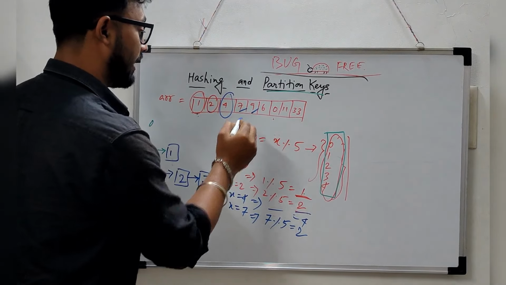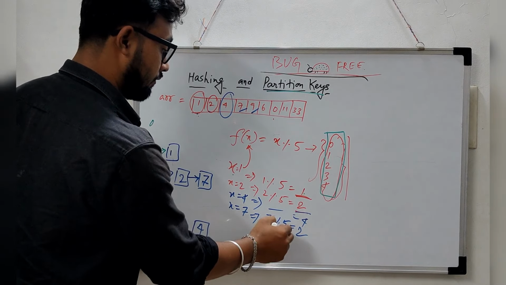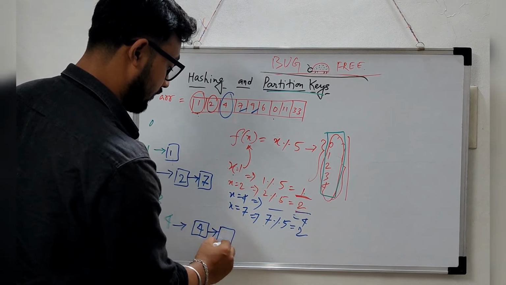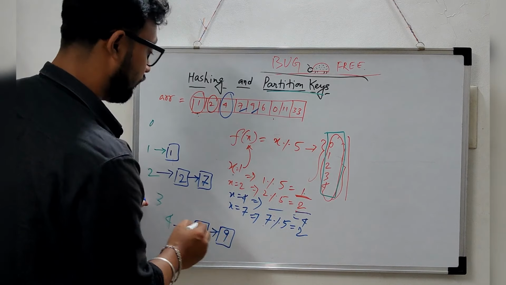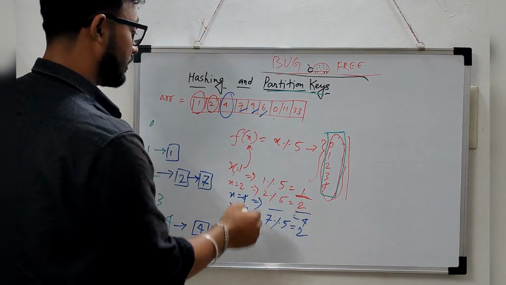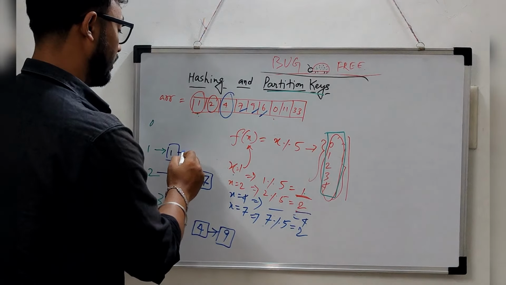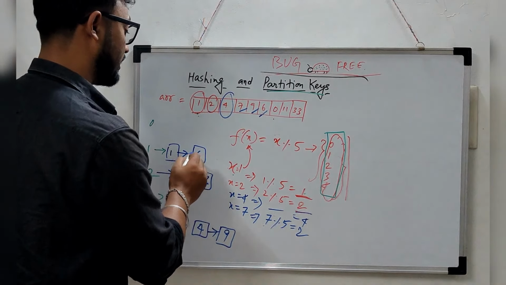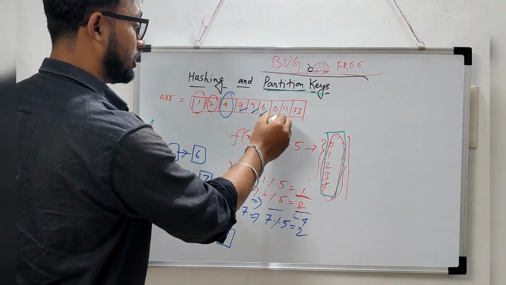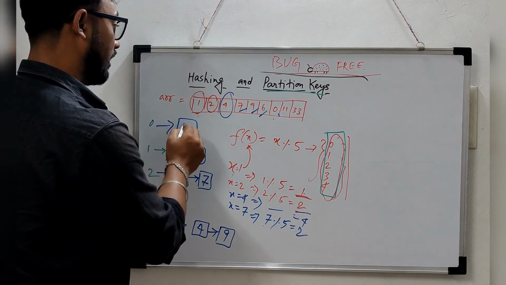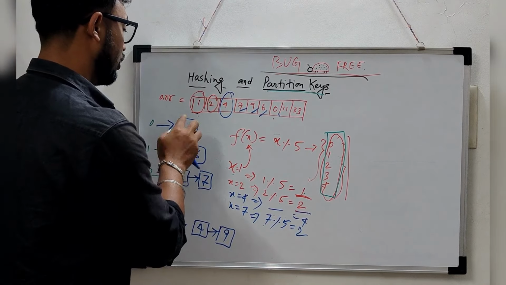Now when we go for number 9, again 9 when divided by 5 gives a remainder of 4. So it will come for the key of 4. Go for number 6. When divided by 5, it will give a remainder of 1. So we will go for number 6. Again, when we go for 0, number 5, so 0 will come here.